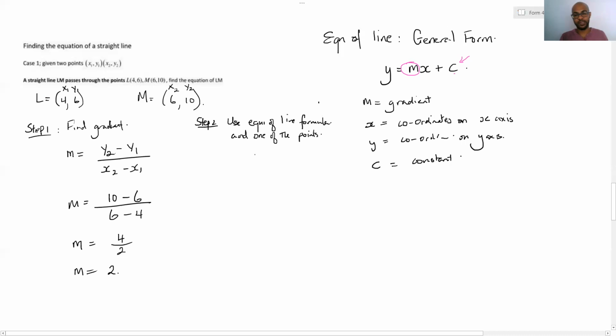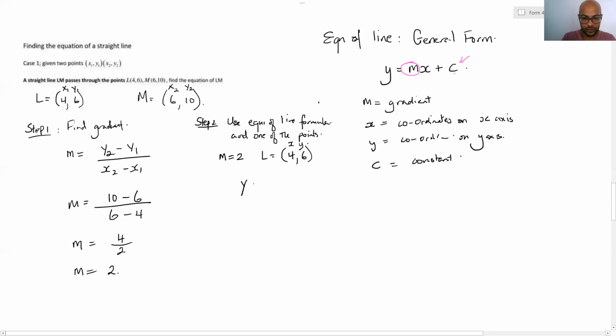I deliberately included that last bit, and one of the points, so that you know that you need the gradient, which you just calculated, which is 2. We need a point, so let's take the point L. And why am I taking this point? I'm taking this point because L is going to give me my x and y coordinates, right?